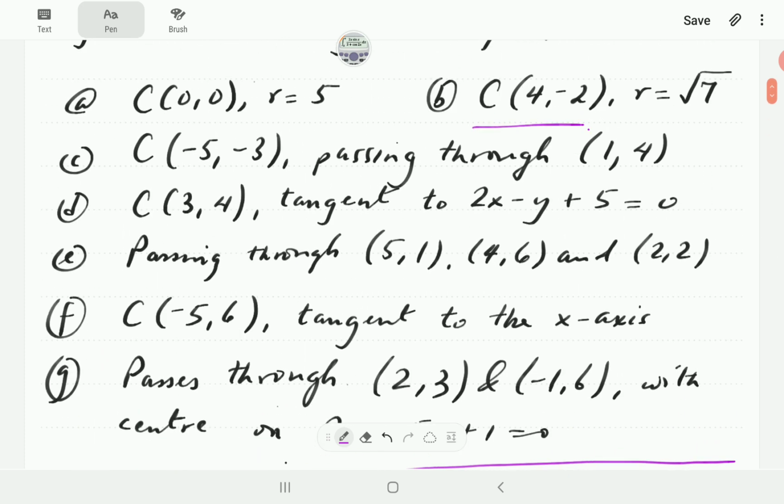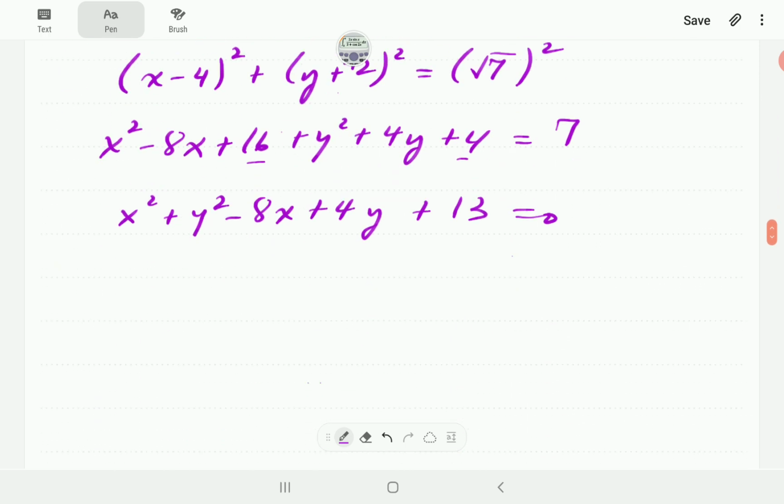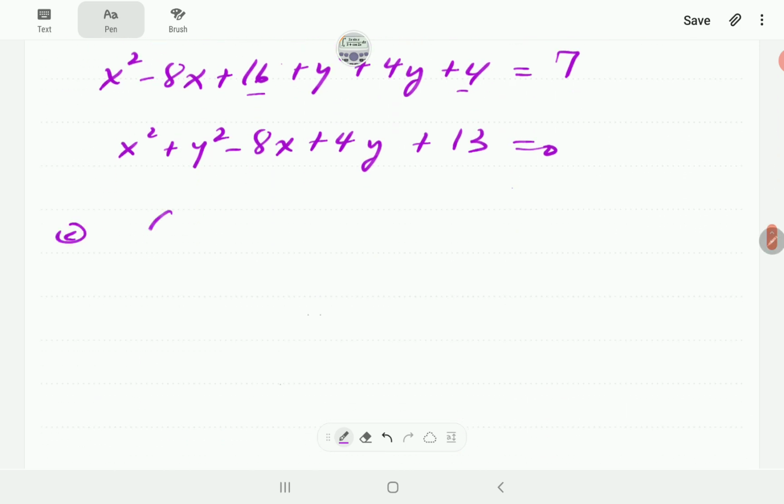Right, then in C, we've got a circle centered at minus 5, minus 3, going through 1, 4. So the center is minus 5, minus 3.